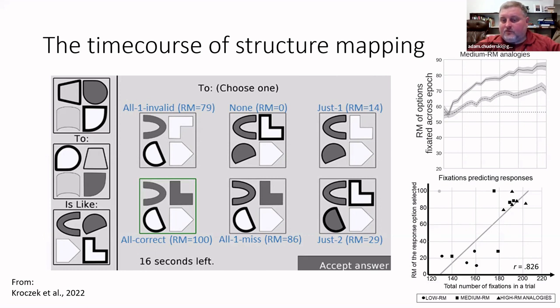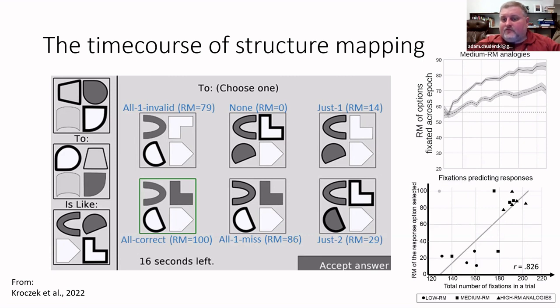So for each condition, we could calculate the average number of fixations people made in the trial. And when we looked at the relational match of the response option selected, the average response match of options that people selected in this condition, you can see quite a linear and very strong relationship between the number of fixations and how correct the response was.